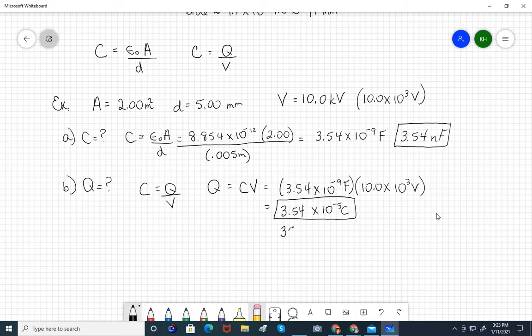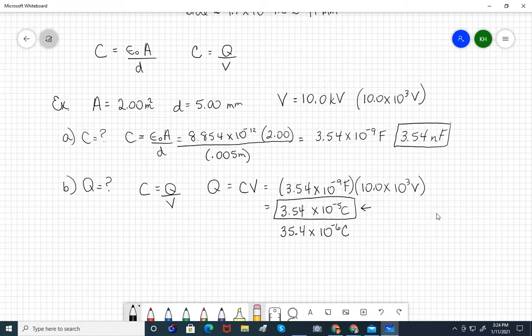That's 35.4. If I make this 10 times bigger, then I have to make this 10 times smaller. That's how I always solve these. I know I like the exponents to be in multiples of 3 a lot of times. This is scientific notation. This is not scientific notation.